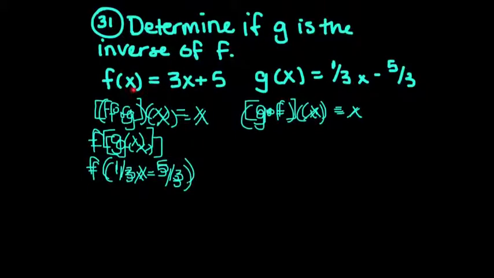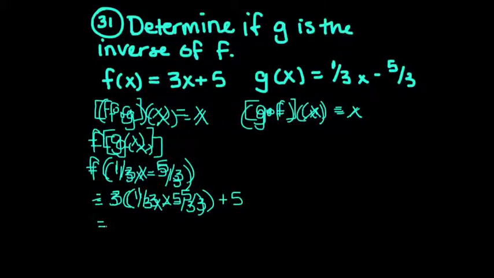Coming back to my function f, instead of taking 3 times x plus 5, I'll take 3 times 1/3 x minus 5/3 plus 5. In other words, where I saw the domain value x, I'll fill in the function g. So that gives me 3 times the quantity 1/3 x minus 5/3, and I still have the plus 5.